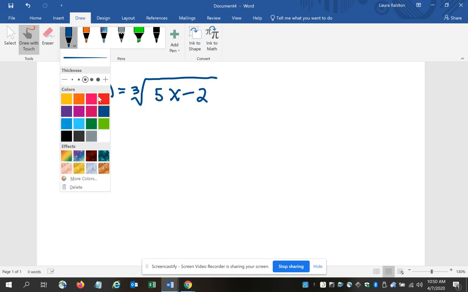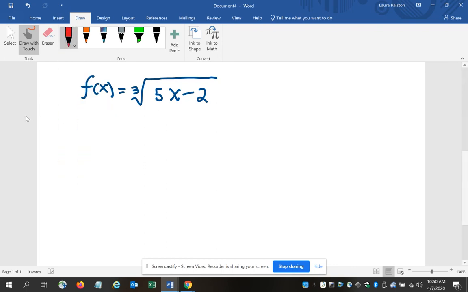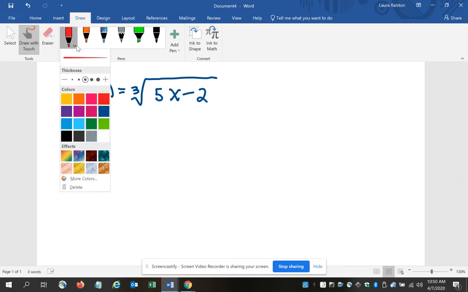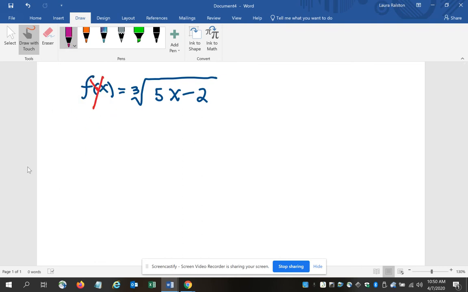Again, remember in this scenario that f of x represents y. You were told it was one-to-one, so we know it has an inverse. In the first step, we interchange x and y so that this becomes x equals the cube root of 5y minus 2.